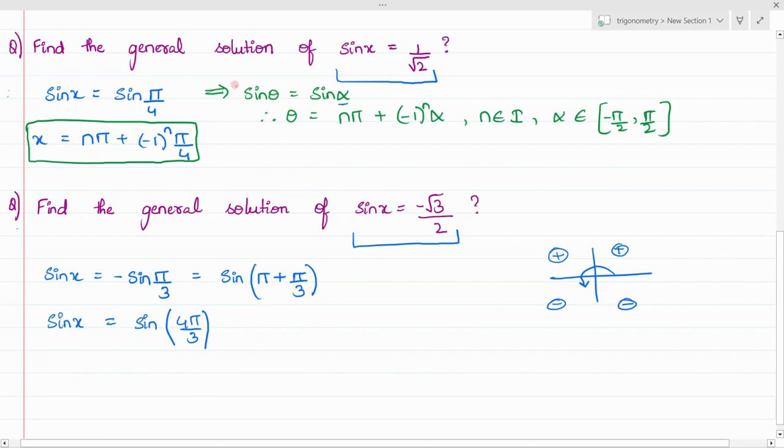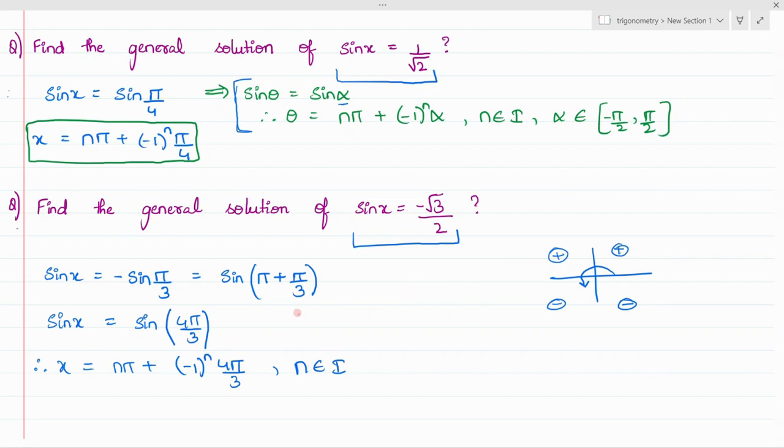Now use this general solution, because it is in the form of sine theta equals sine alpha. Therefore, x can be written as n pi plus (-1)^n 4 pi by 3, where n belongs to all the integers.